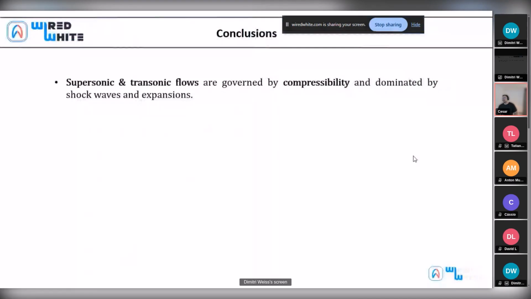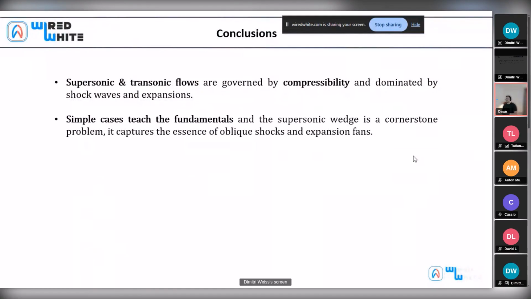Perfect. Okay, so conclusions from this seminar: supersonic and transonic flows are governed by compressibility effects and dominated by shock waves and expansion. Simple cases can teach us the fundamentals to introduce us to this complex world, as we have seen in the supersonic wedge, where we could really understand the fundamentals of oblique shocks and expansion fans.